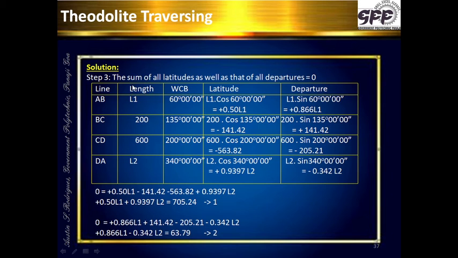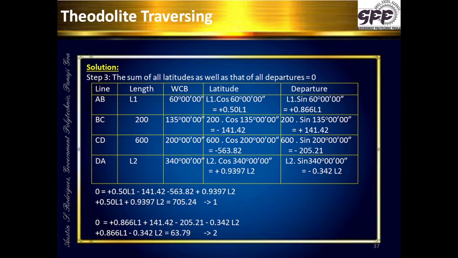So as a result of getting the sums of the latitudes and departures and putting them equal to 0, we get equation number 1 and equation number 2. Please note, in both equations we have the unknowns L1 and L2. We have two unknowns and two equations, so mathematically this can be solved.